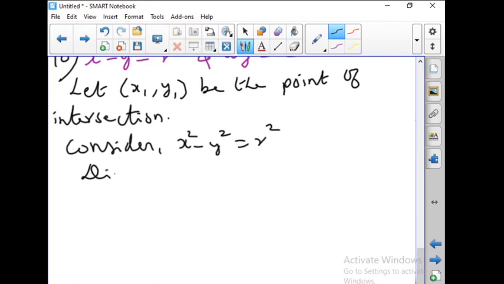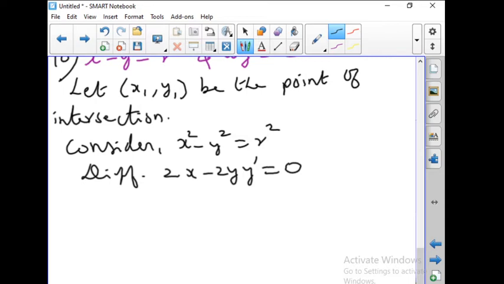We differentiate this. For this, 2x minus 2y into y dash. Okay, I have told you already. Differentiation of x with respect to x gives 2x. But y we differentiate with respect to x, so we get 2y into dy by dx. That dy by dx we write as y dash. And r is a constant. Therefore, differentiation of r square is 0.